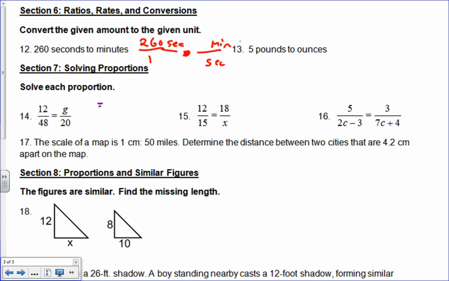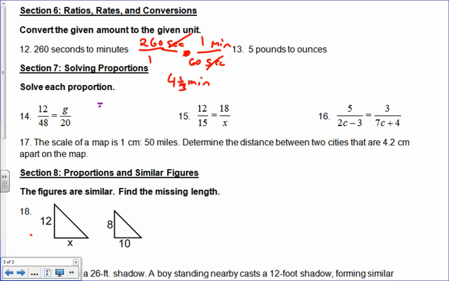So then there'd be 60 seconds on the bottom for 1 minute. All right, so essentially what we're doing is we're dividing it by 60. Because if you multiply across, this will cancel out. And then we're doing 260 divided by 60, which actually gets us 4 1/3 minutes.